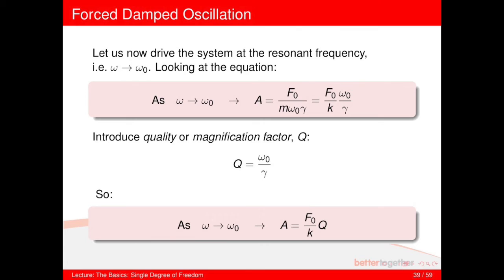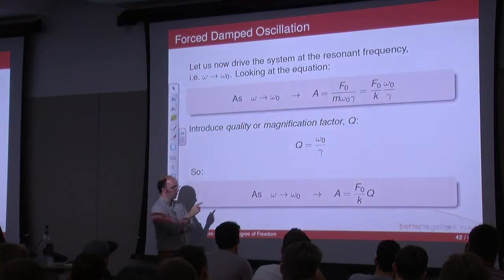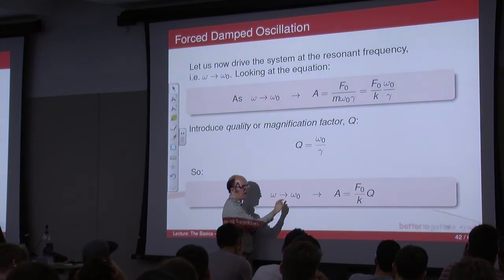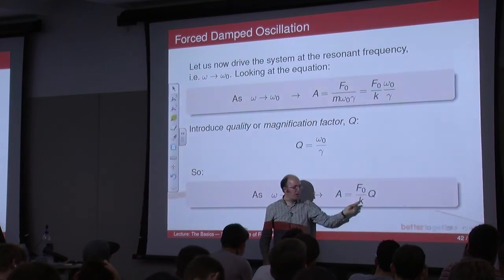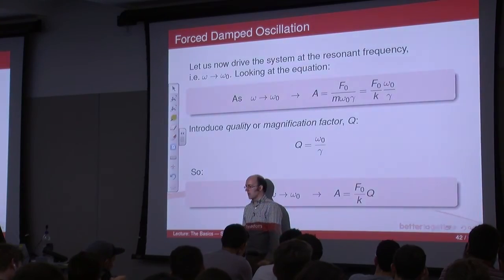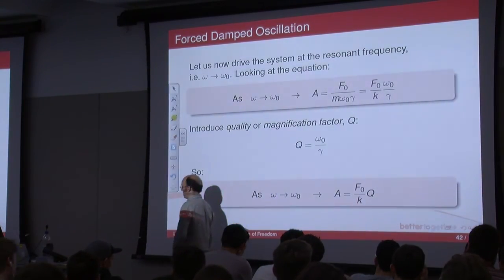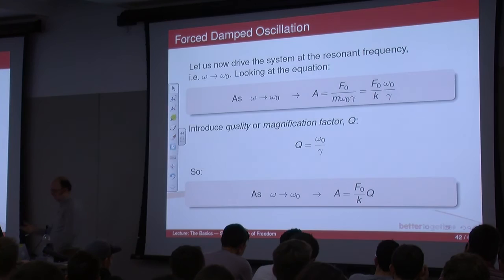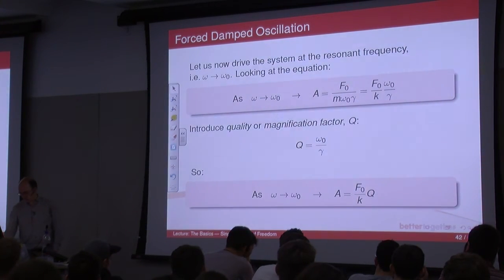And so you can say that the amplitude, when you've got omega approaching your natural frequency, is going to be some factor multiplied by your static displacement, and that factor Q is dependent upon your system.